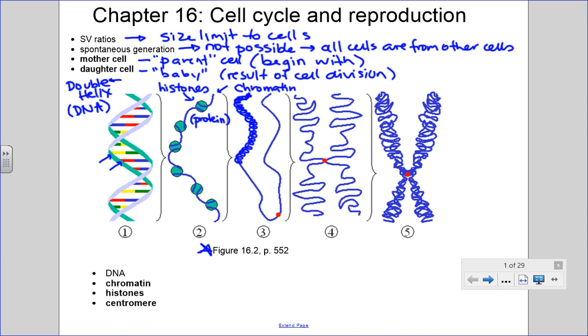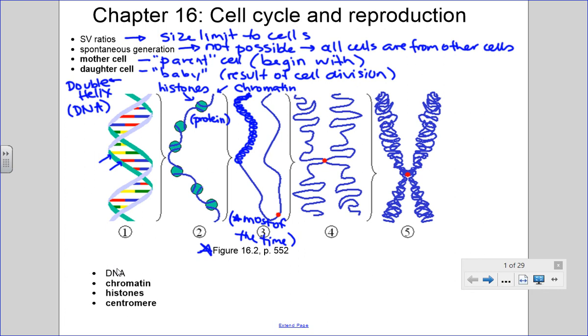So that's what chromatin really is: your DNA wrapped up around histones in a nice long strand. This is what you see most of the time. So most of the time, your DNA exists this way, as a really long strand of what we would call chromatin. Now, chromatin is hard to see.